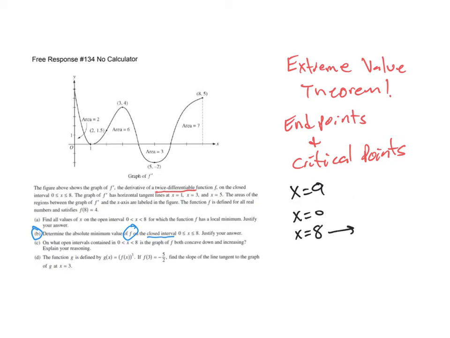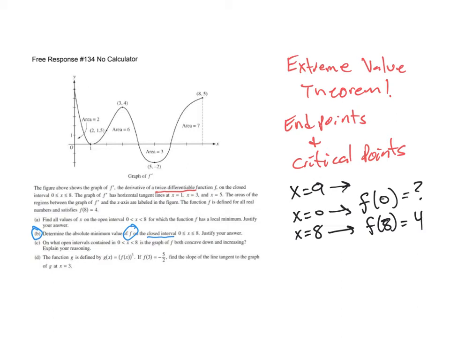Now, f of 8, I already know. The y value there is 4. So all I have to do is find the y values for the point from the last slide that we found and for 0. So I'm going to focus on 0 in this problem, and then you'll take your other point and do the same thing.